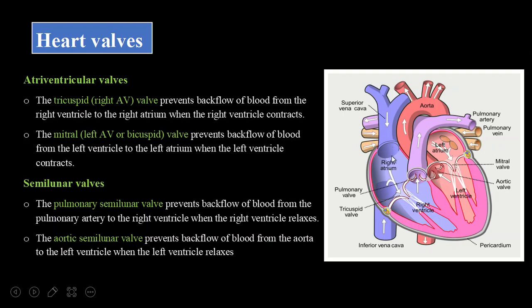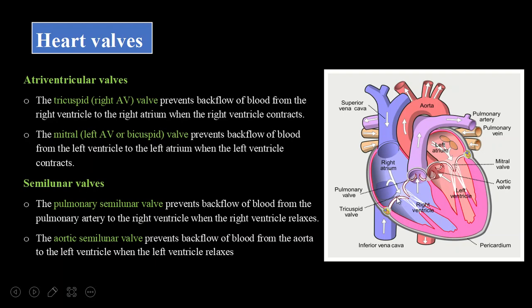Kasi 'di ba, when the heart relaxes, the blood that was accumulated here in the right atrium will flow into the right ventricle. And then pag nag-contract itong right ventricle, the tricuspid valve will close para ma-prevent yung backflow ng blood na na-accumulate dito sa right ventricle papuntang right atrium. Kasi 'di ba right atrium to the right ventricle, then dito sa pulmonary artery. So to prevent the backflow, nagko-close itong tricuspid valve.